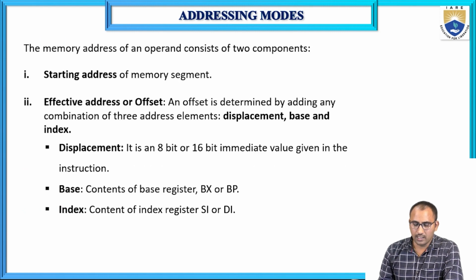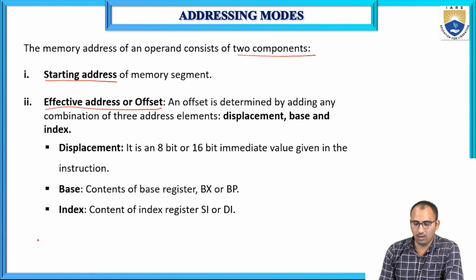This addressing mode specifies the way in which the operand of the instruction is specified. The memory address of an operand consists of two components. The first is the starting address of the memory segment, and the second is the effective address or offset.